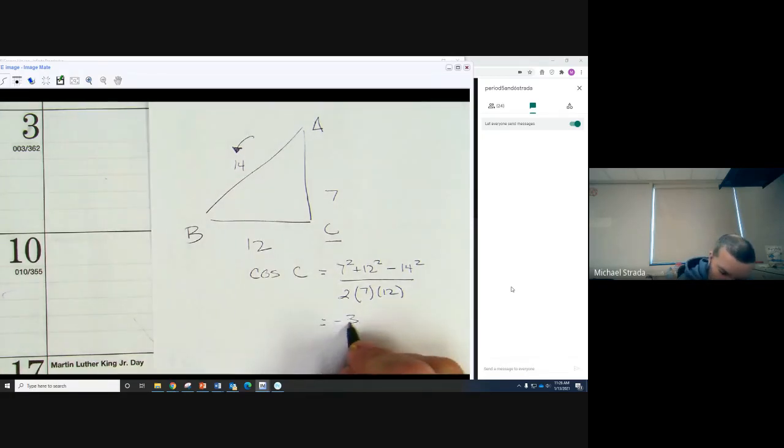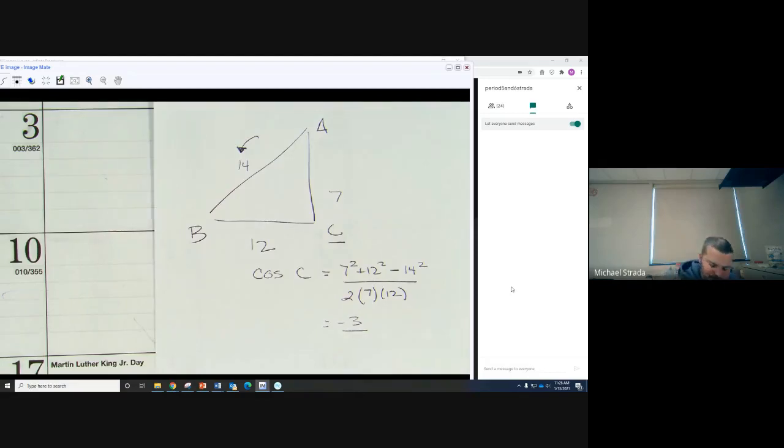When I do my numerator, it ends up being -3. My denominator ends up being 168.